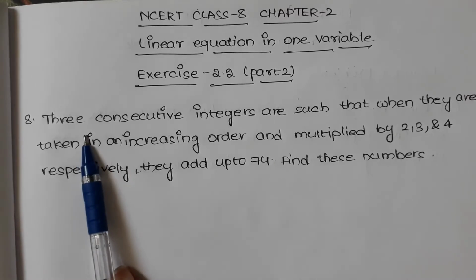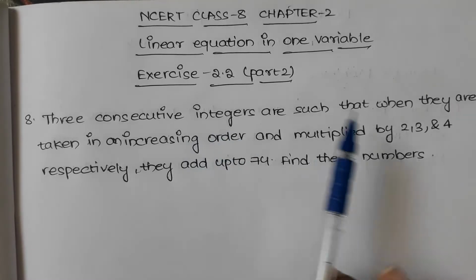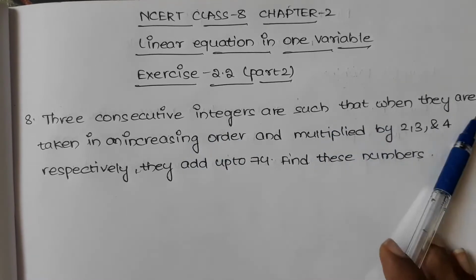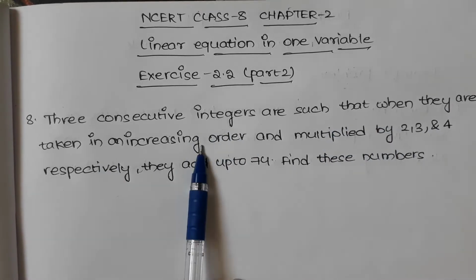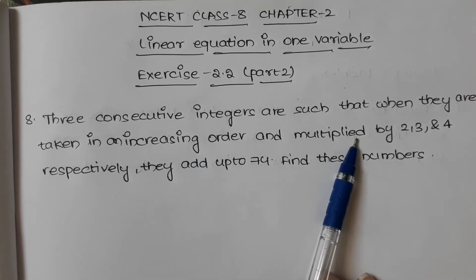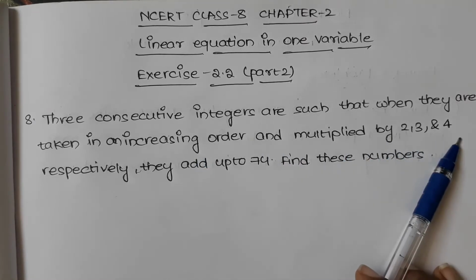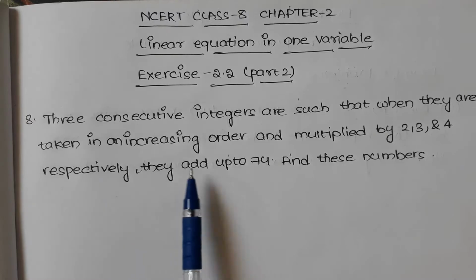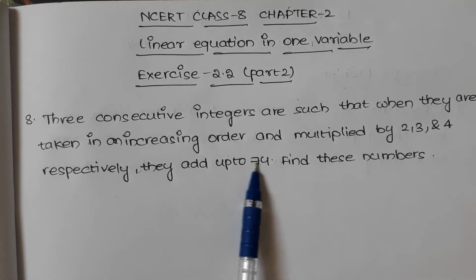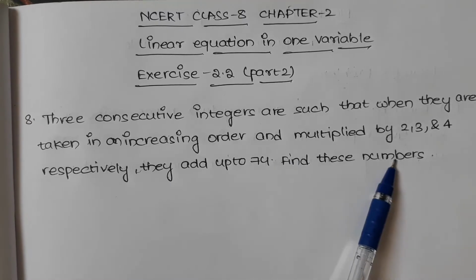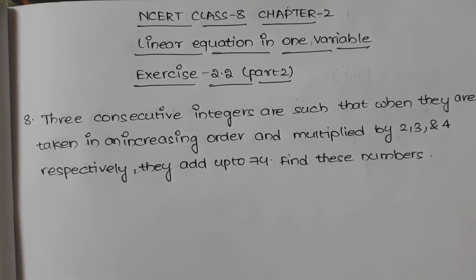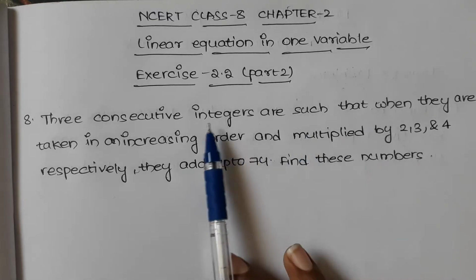Here, three consecutive integers are such that when they are taken in an increasing order and multiplied by 2, 3 and 4 respectively, they add up to 74. Find those numbers. Here they have given that there are three consecutive integers.